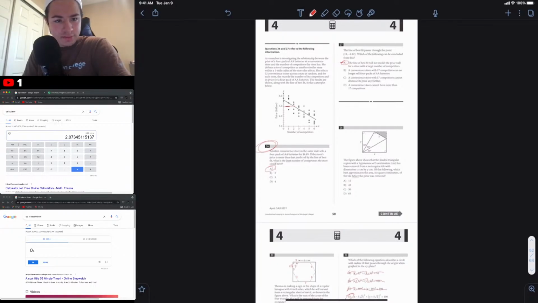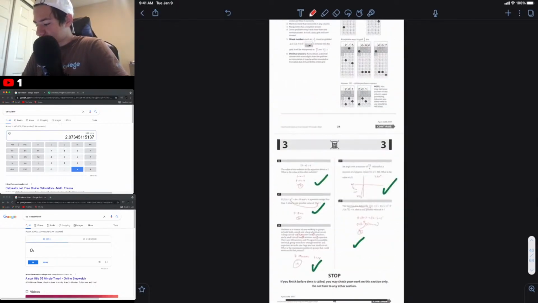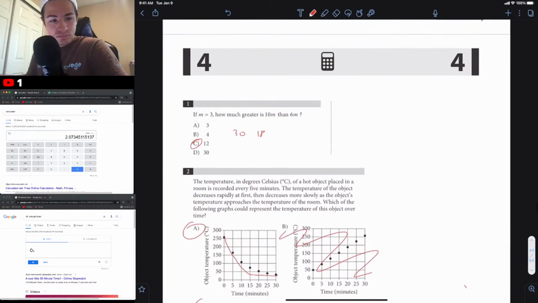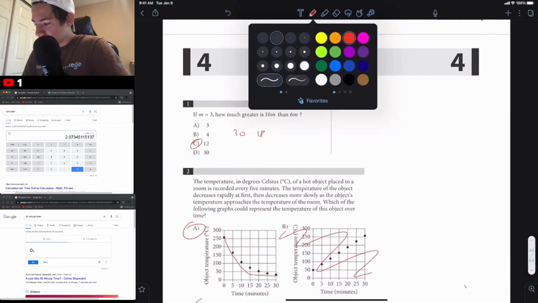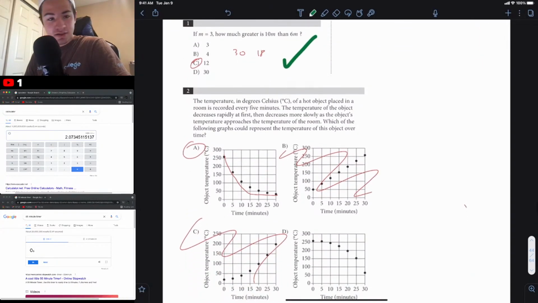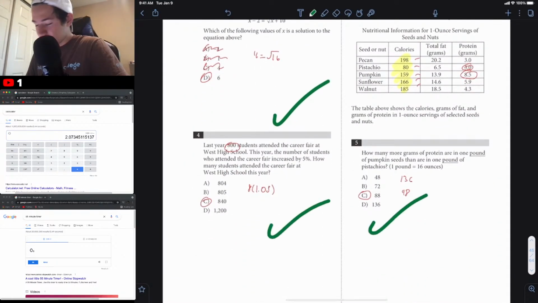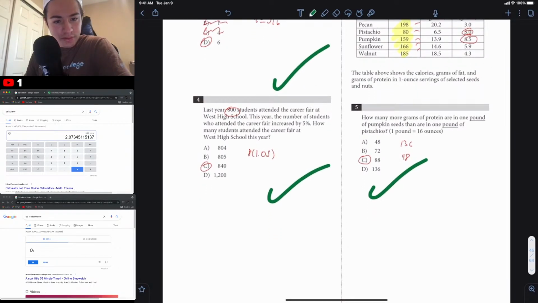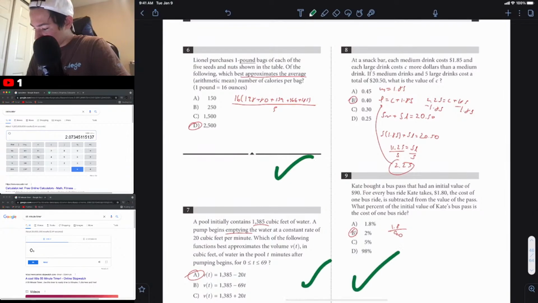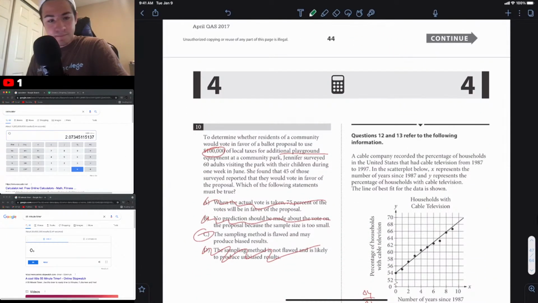Let's see how we did. What are the answers? All right, let's see. C, A, D, C, C, D, A, B, B. Okay.